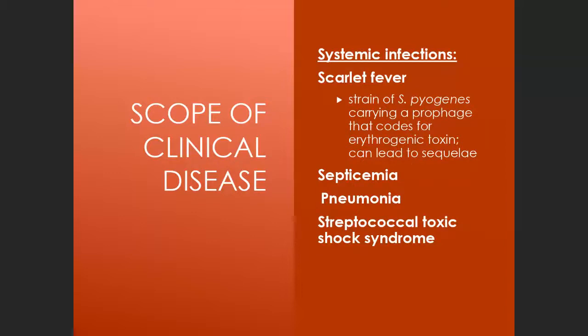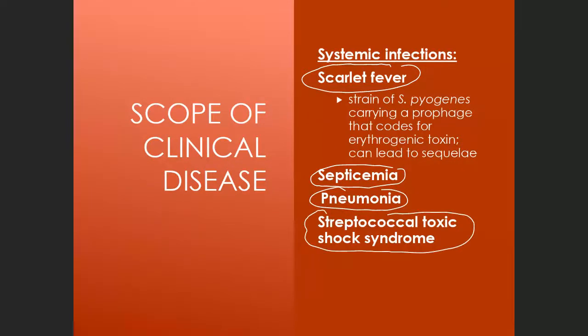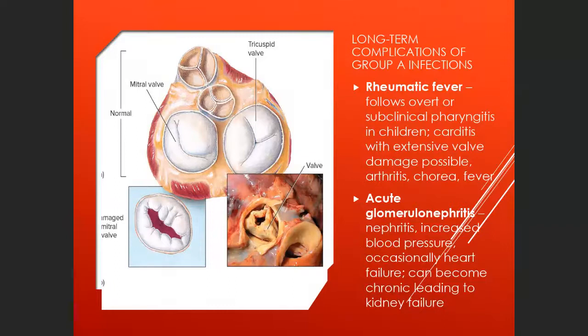Systemic infections from Streptococcus pyogenes include scarlet fever, septicemia, which is bacteria in the blood, pneumonia, and streptococcal toxic shock syndrome.